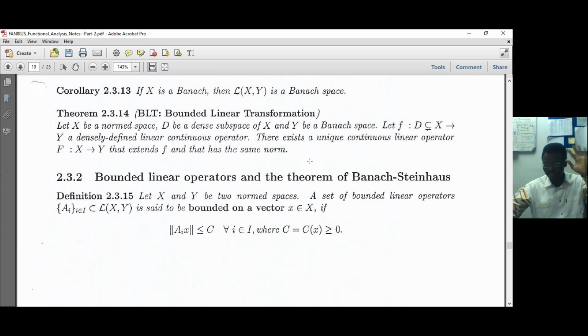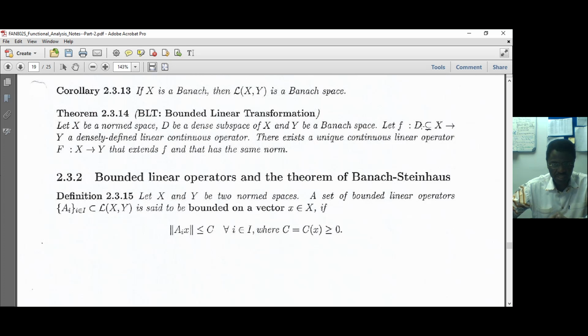You have a function defined somewhere and you can extend it to another function. The extension means that if you restrict it to the domain, you obtain the original function, and the norms are still the same. You can extend this F all over the space because D, the domain of F, is dense in X.